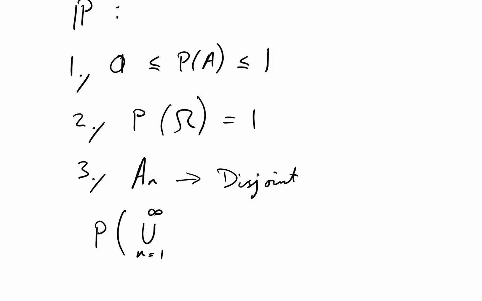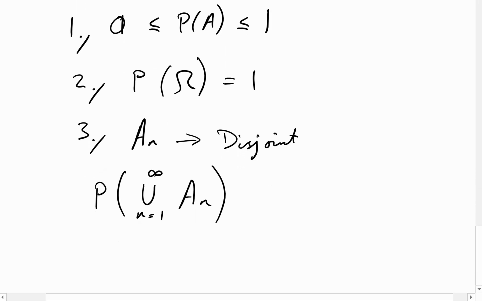So basically here what I'm saying is if I put all my events that can happen in my house together, then that's just going to be equal to the sum of the probability of all my events, from n equals 1 to infinity. And that kind of makes sense.